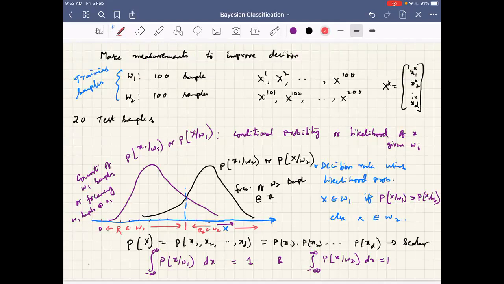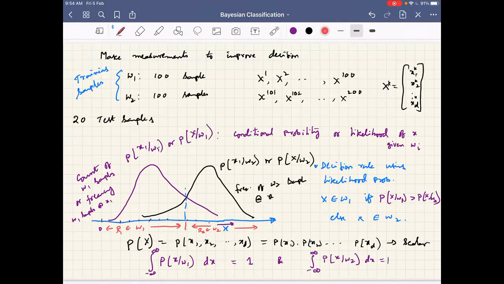Excuse me, sir. I have a doubt. You brought in this decision boundary because you think this is better than the previous argmax of P of omega i. But we are using those probabilities only to determine the decision boundary. No, we are not at all using prior probabilities here.